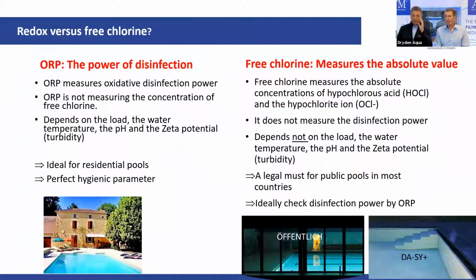Only if you have public pool, here öffentlich, that means public pool, or DAISY, in our DAISY Plus concept, you will see it. We promoted the water with 0.1 or 0.2 of free chlorine, and this you can't do with ORP. Also, ORP works not that great with salt electrolysis.